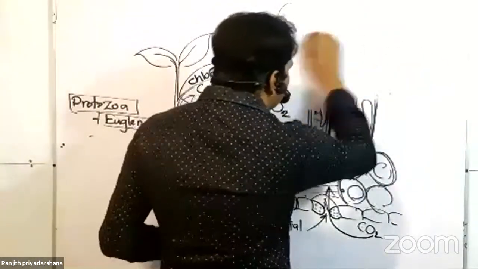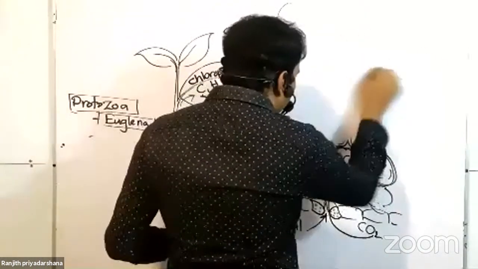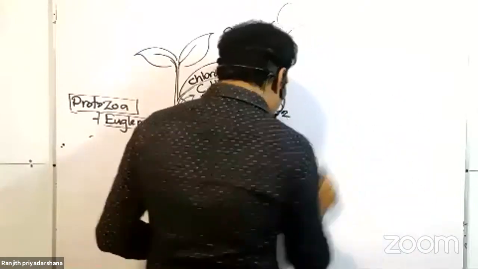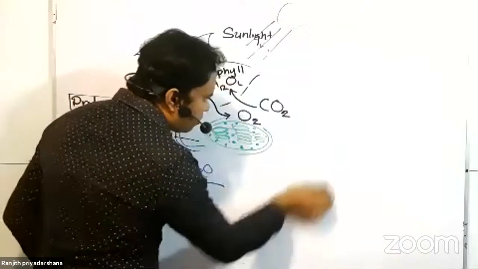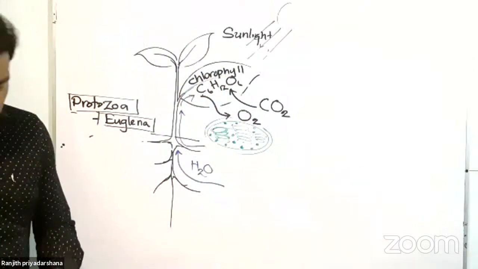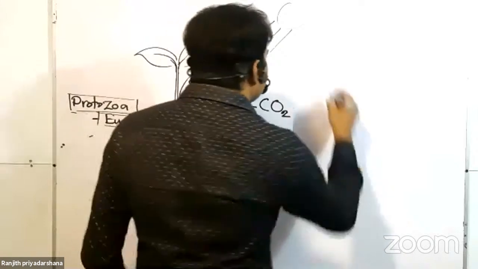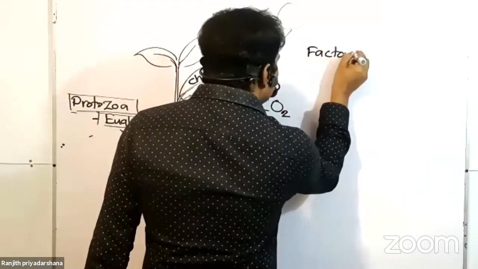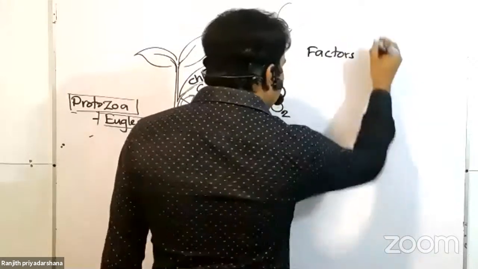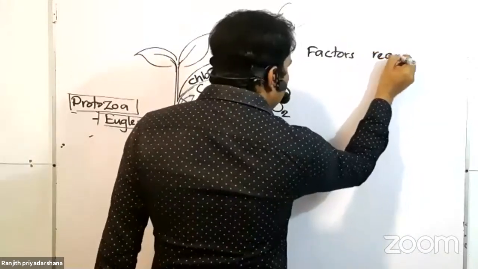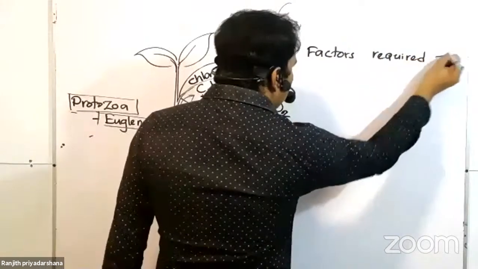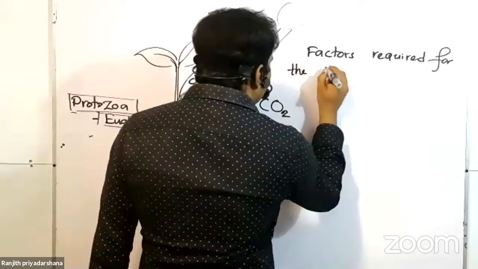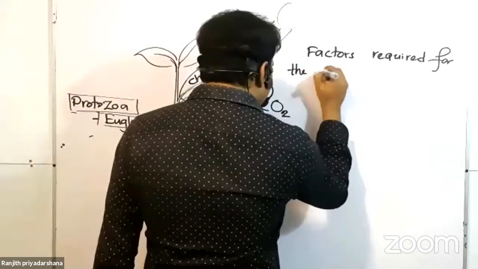Okay, let's list down these factors required for the process of photosynthesis.